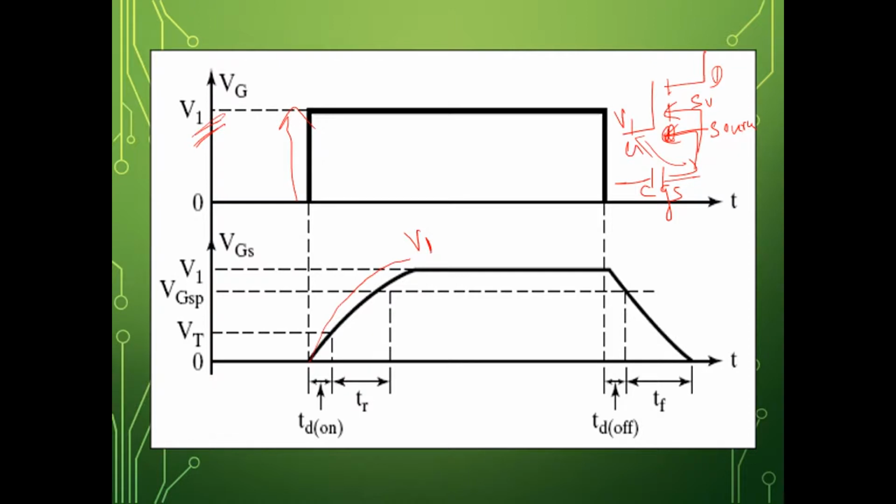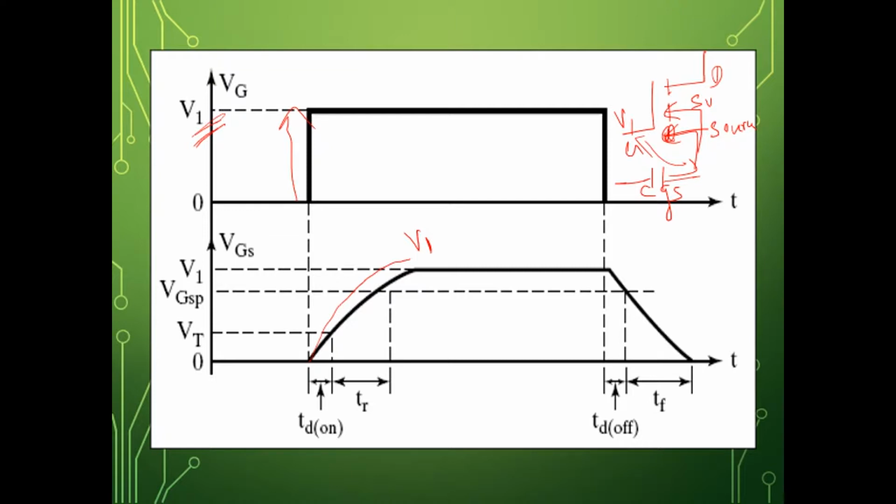And what will happen if the input is removed, gate signal is removed? The capacitance starts discharging and becomes 0. And remember, all these capacitances are the parasitic capacitances. It is not the physical capacitance which you are going to connect. It is just an imaginary thing.